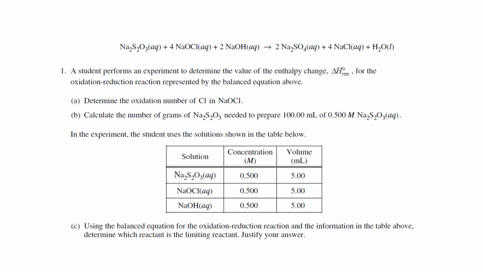Then we're going to be asked to calculate the number of grams needed to prepare 100 milliliters of a 0.5 molar solution. And then they give us some data about what solutions the student is using, and we're asked to determine which reactant is the limiting reactant. So let's get started on question number 1A.